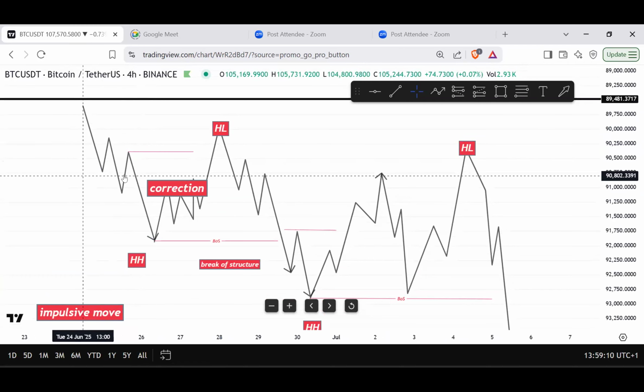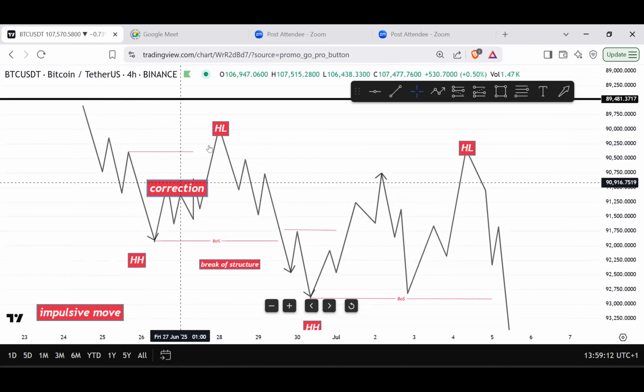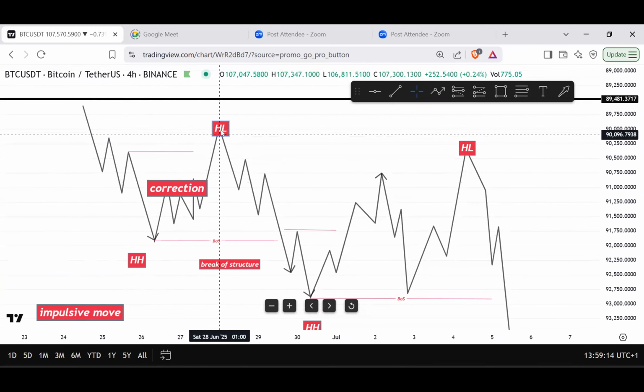So after the inducement, we wait for the correction to happen.